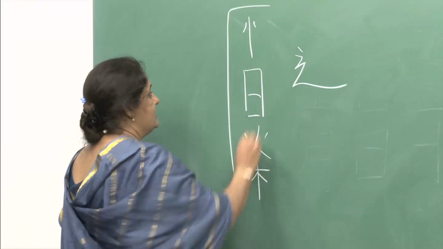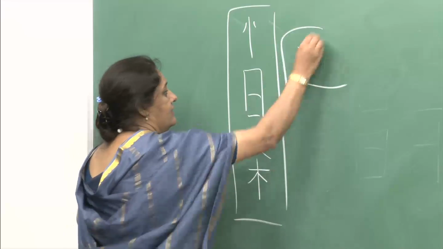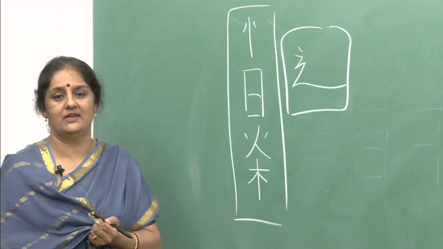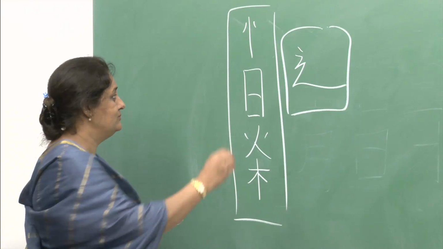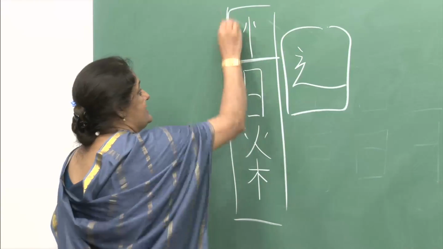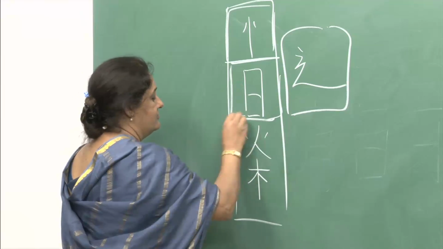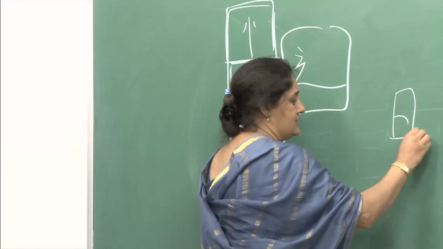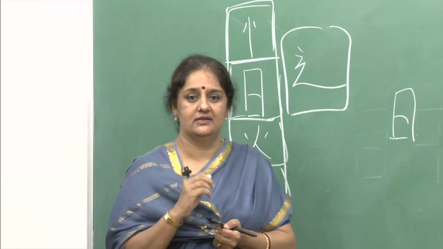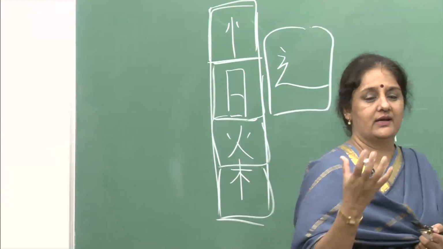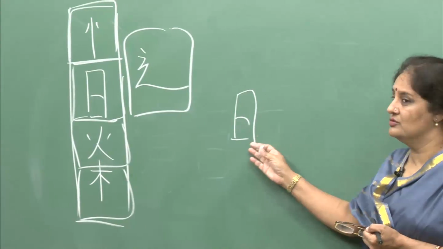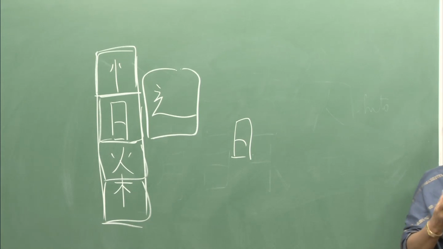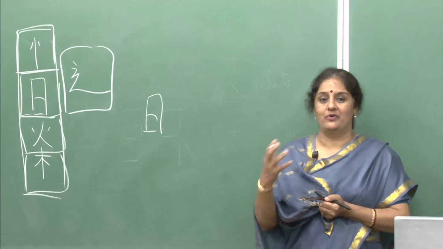All these are called radicals. Now, what does a radical do? What is a radical? Well, a radical gives basic meaning to the character. For example, when you look at this character, this tells you that the kanji will have something to do with day, could be date, could be light, could be brightness.